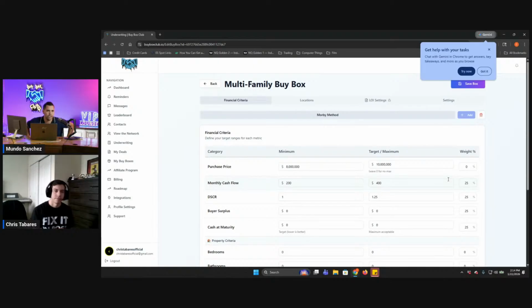If the property is 8 million versus 10 million, obviously 10 million is a bigger number, but if the cash flow is twice as much as the 8 million one, everybody's going to want the 10 million one, right? That's why most people look at the cash flow on the weighting. That is how you control your algorithm and how things get weighted.